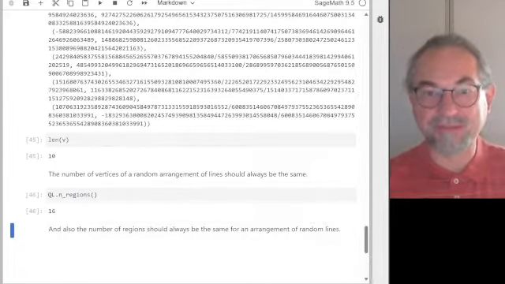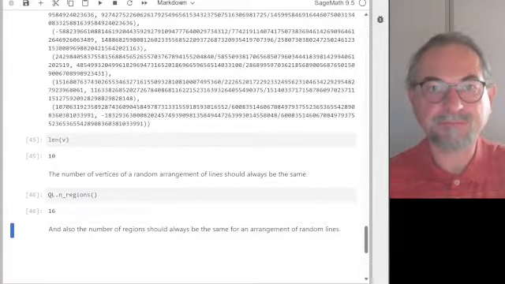So when we draw lines, if you think about the box, if you think about what I'm going to show in the next exercise, they're not going to be as random. But if you consider random coefficients, you're always going to get the same number of vertices, the same number of regions.